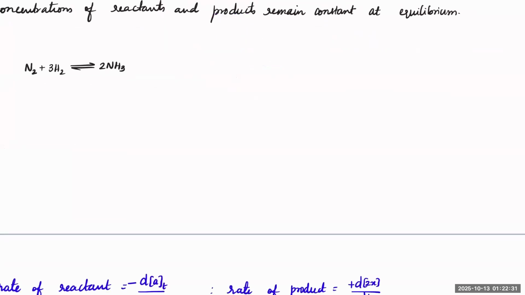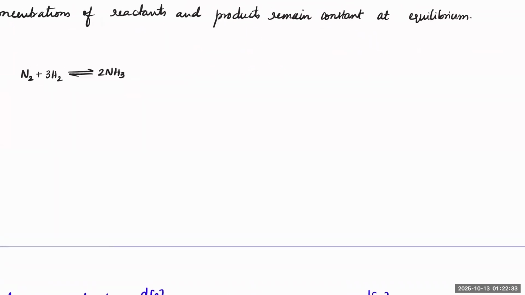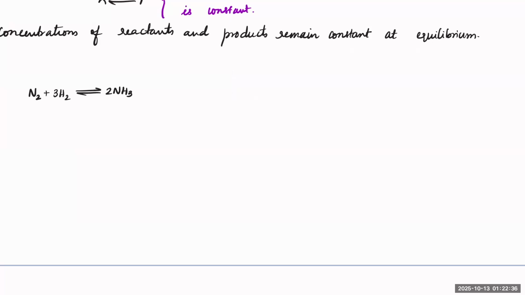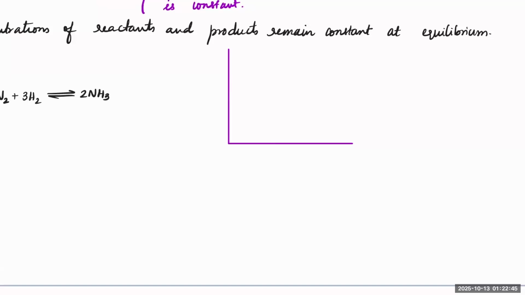Agreed? So graphically, if at all I have to mention the same thing, how would I show it? See, this is the way I can represent that. This is a graphical representation, in case you have to mention how the concentration changes. You see, one is this way, the other one is this way. Now, what does this mean? This is the concentration change of the reactant side, and this is the concentration change of the product side.